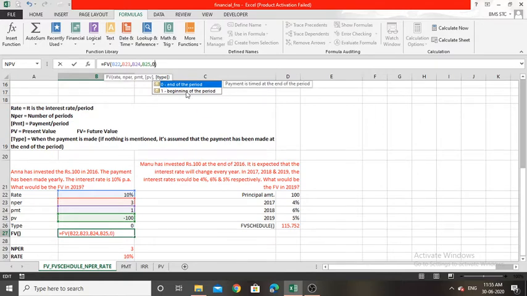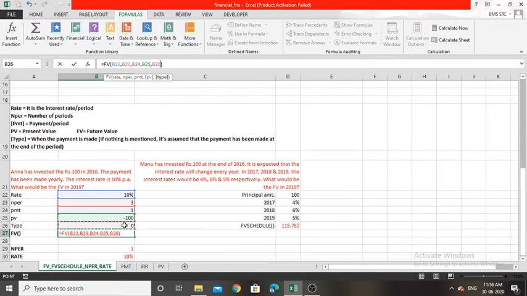By default it is 0, so if nothing is specified in the question, you just put 0. If the payment is made yearly at the beginning of the period and the question specifically says so, then you put type as 1. Here nothing is specified, so we set the default type as 0, then select the cell value, comma, this one.